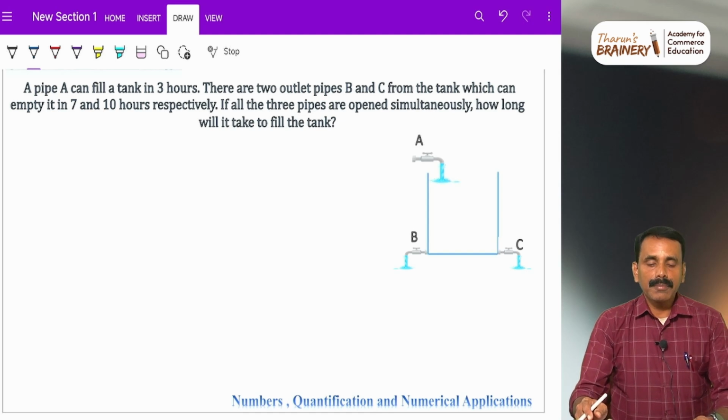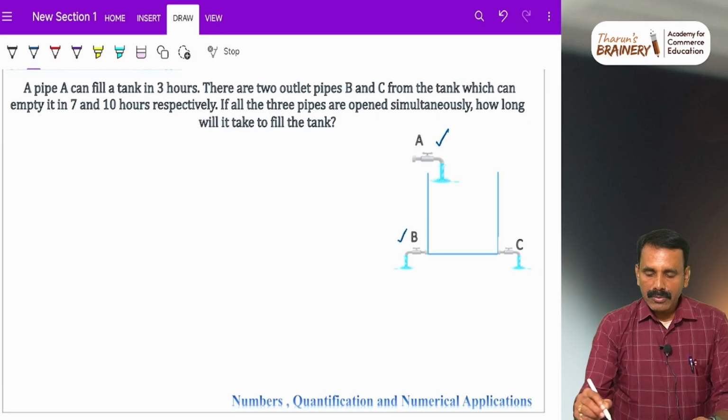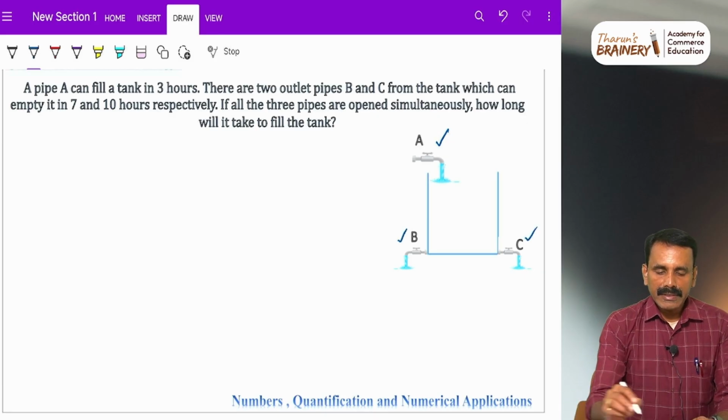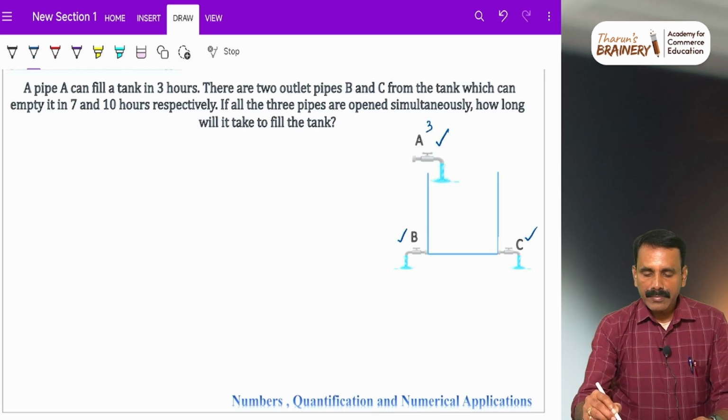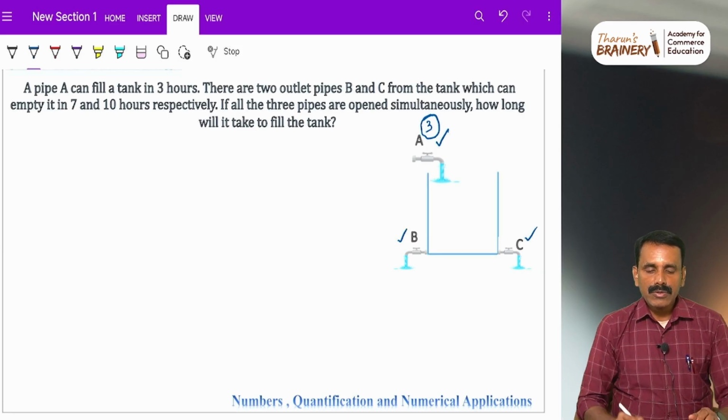Here we are having another problem. Here one tap is going to fill the tank and 2 pipes are going to drain the tank. Pipe A is going to fill the tank in 3 hours.